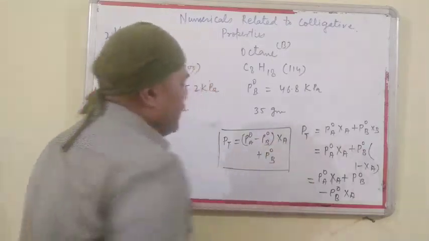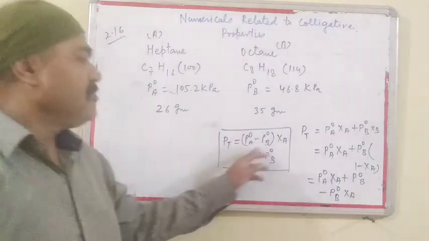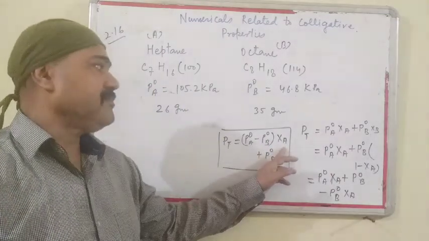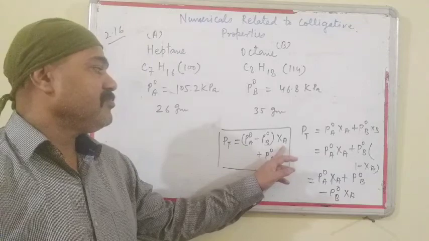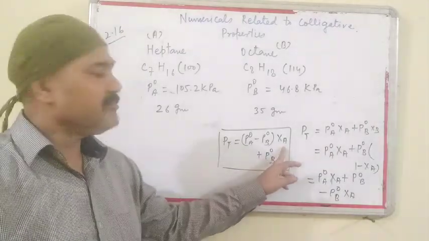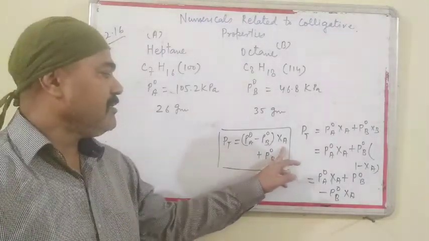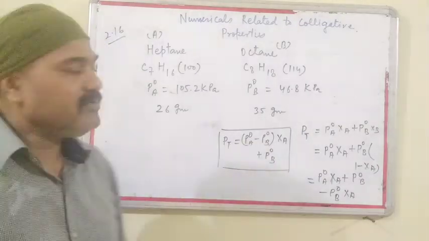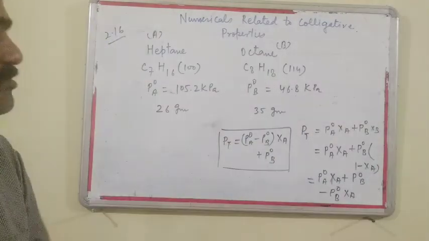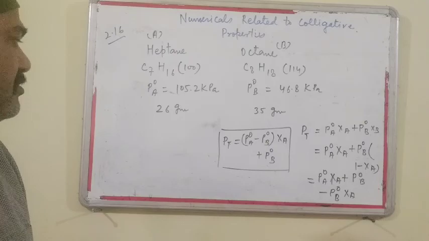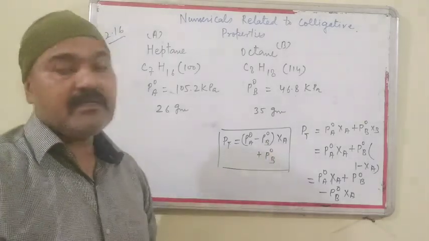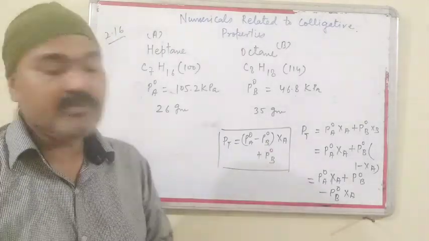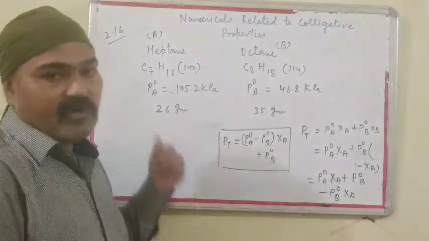So first of all we have to find out the mole fraction of the liquid A, and after that we can find out the value of the total vapor pressure of the solution. To find the mole fraction, first we have to find the number of moles.